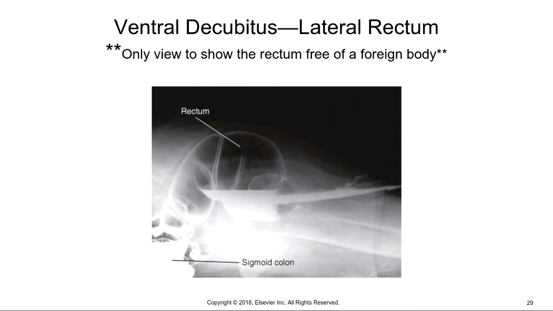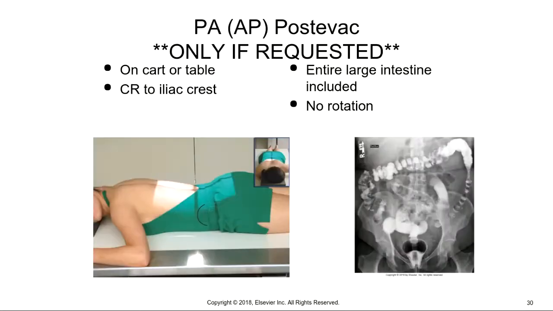Once that image comes out, you check that. If there's nothing else needed, then when that image comes out, you would take the patient into the restroom. You would allow them to sit and empty as much as they can. Now at this point, there's not a whole lot of barium in there, but there probably is quite a bit of air. So the patient is probably going to be sitting in the restroom, emptying the air.